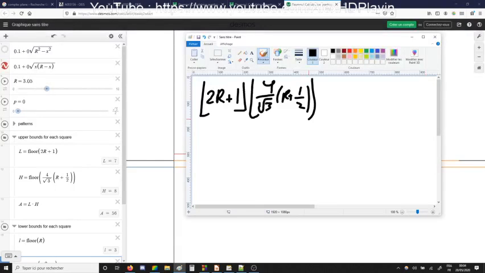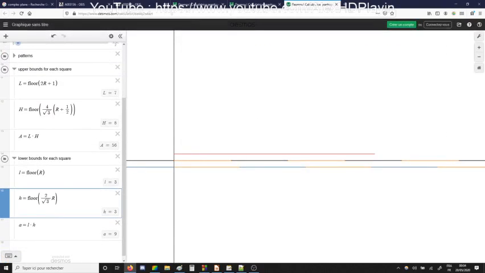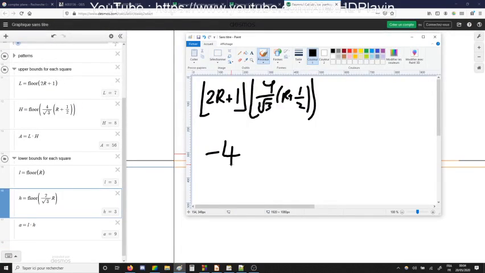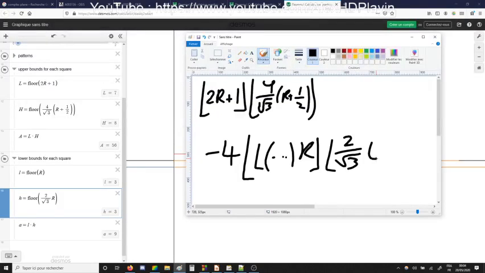Then what we do is we remove 4 times the floor of L something times R over, oh wait, this times something.